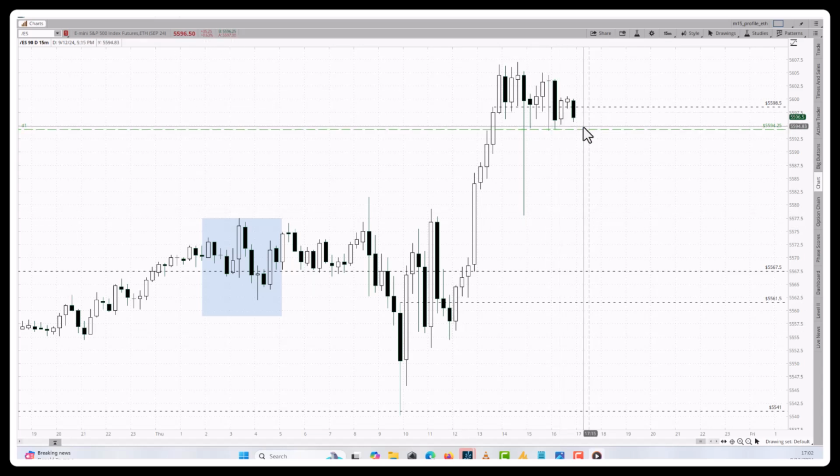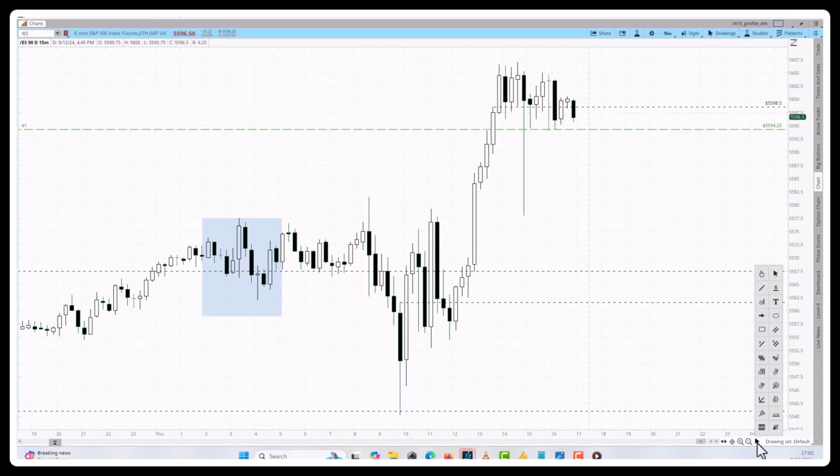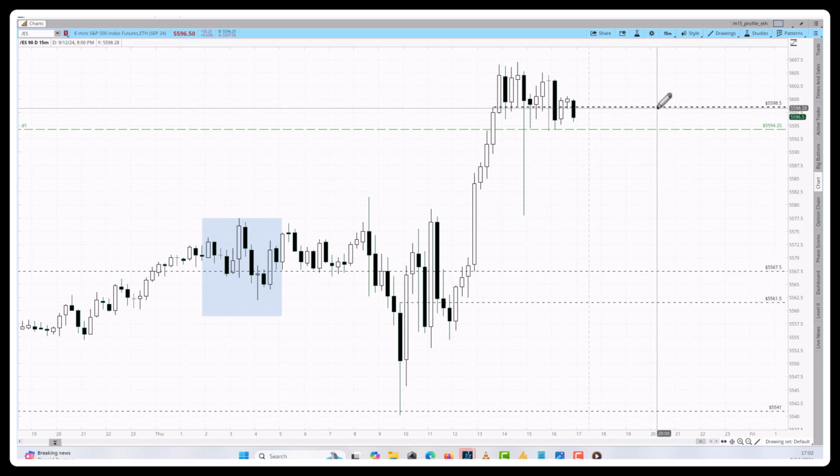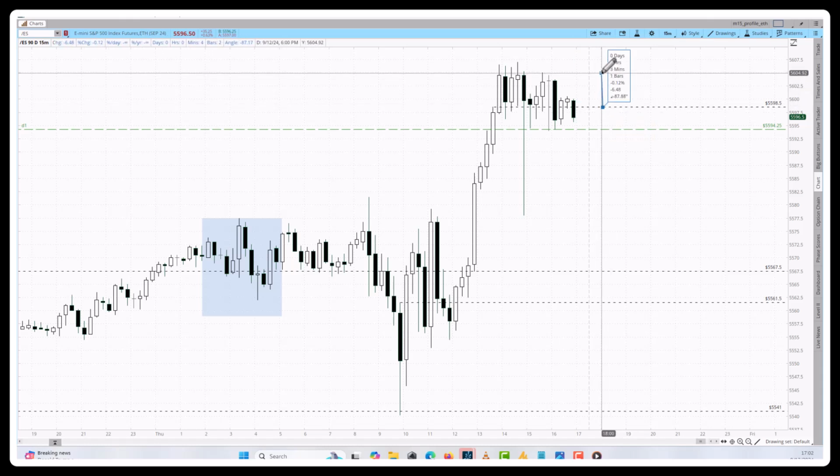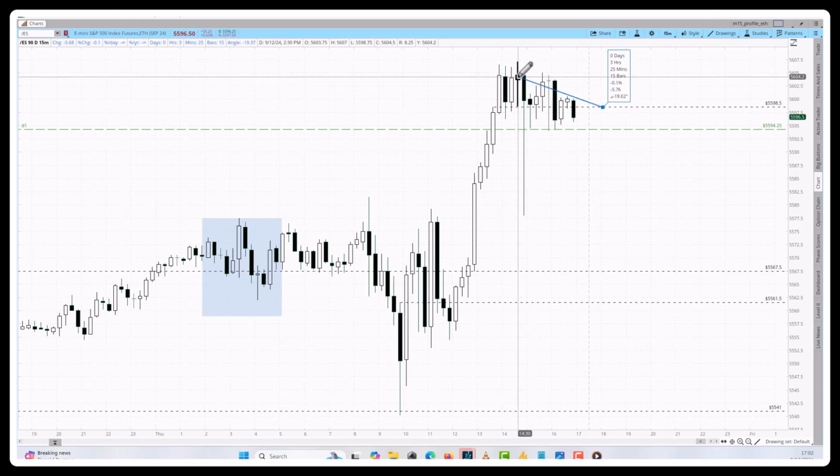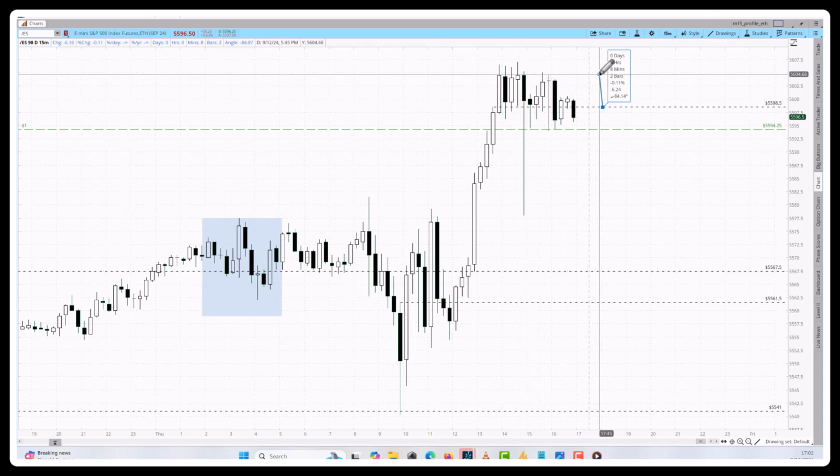98.50, okay. And yep. So if we go in right here and then we leave the order, the next candle we're gonna go in, but it will come back.